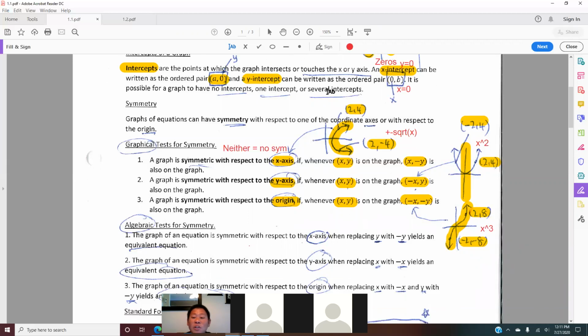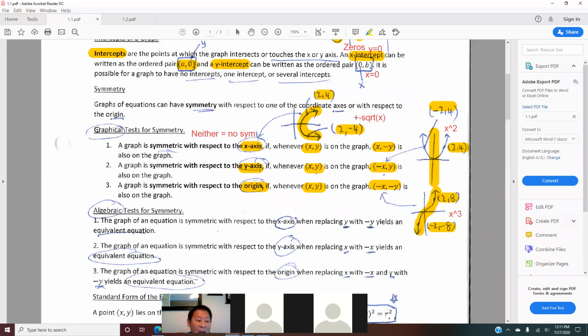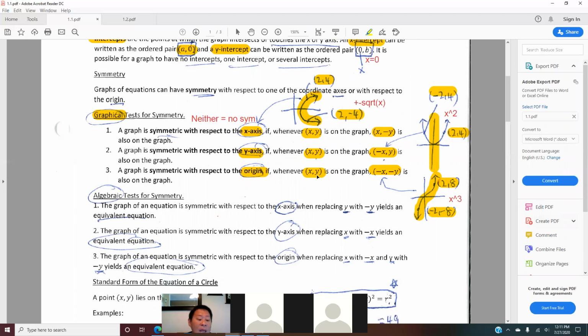So if a question gives you a graph and asks which symmetry it is, you just look at your coordinates, and you can tell very easily. Sometimes a question wants you to test algebraically.